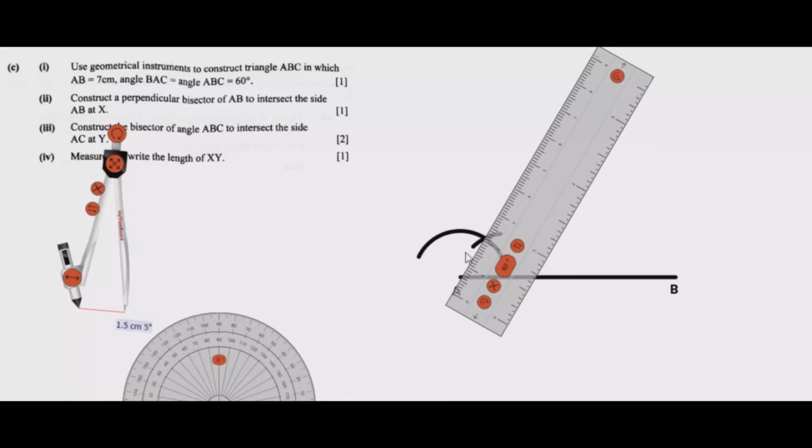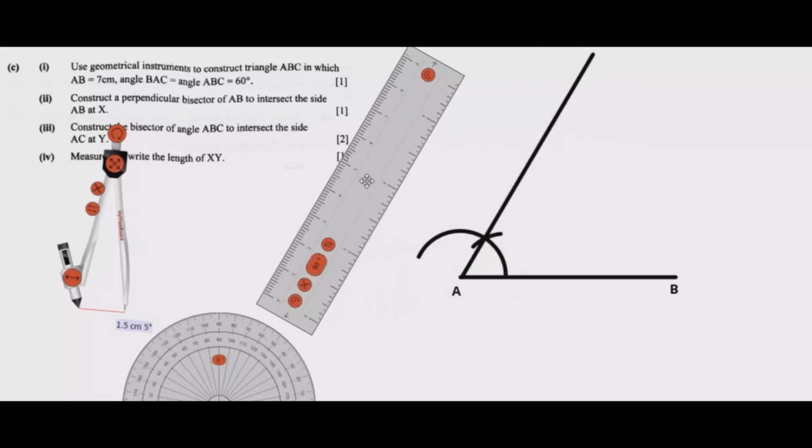Then I'm going to draw a line. The line will be longer because we don't know the length of the line BC. We don't know the length of the line AC. So it should be just as long as possible.